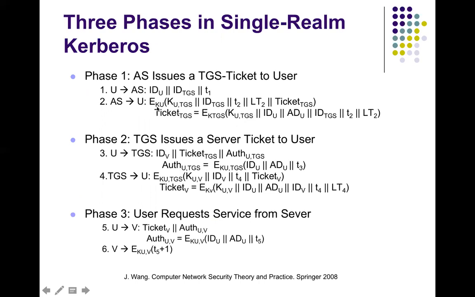The ticket itself has to be encrypted so that the user cannot modify this key. This key cannot be modified by the user, just in case somebody else intercepts this message.